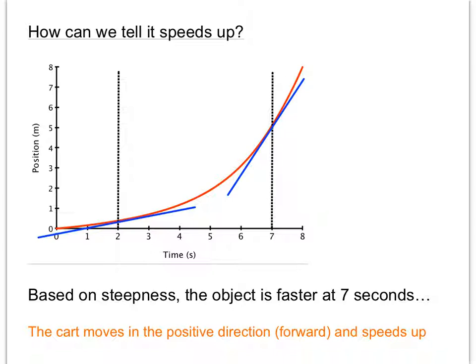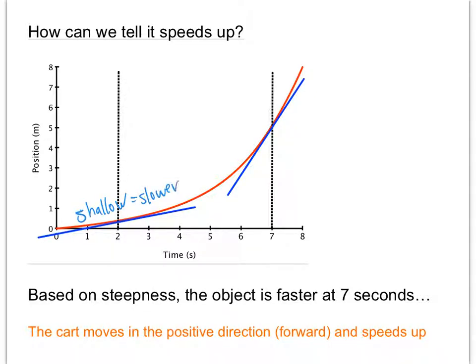So here, we're just going to compare how the steepnesses compare for the 2 second tangent line and the 7 second tangent line. And you'll notice that for the 2 second tangent line, we've got something that's very shallow. And that means it's slower, right?